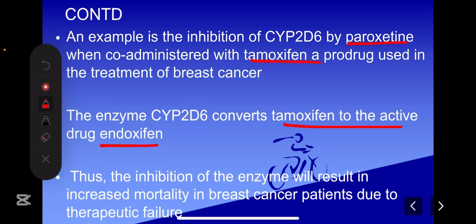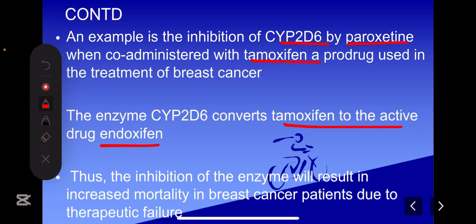Simply put, paroxetine is an inhibitor. It inhibits cytochrome P450 2D6. This is the enzyme it inhibits. This enzyme is supposed to convert tamoxifen to endoxifen, its active form, because the prodrug is tamoxifen and its active form is endoxifen.